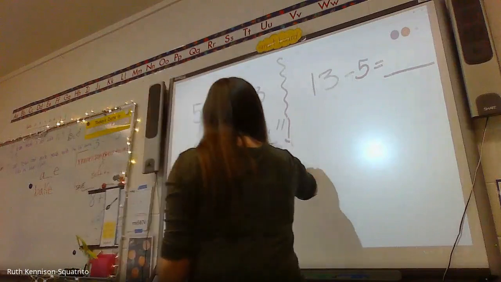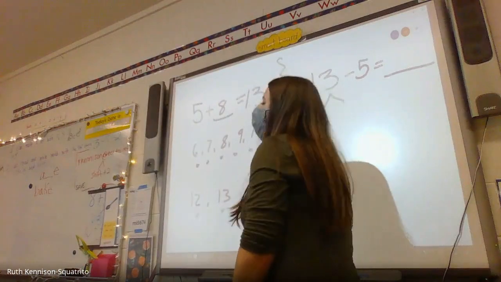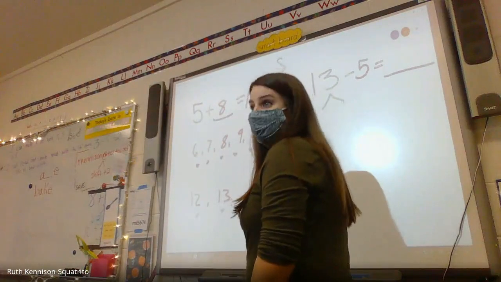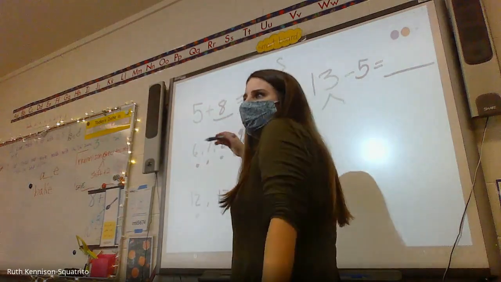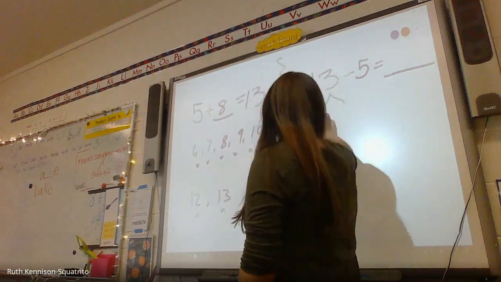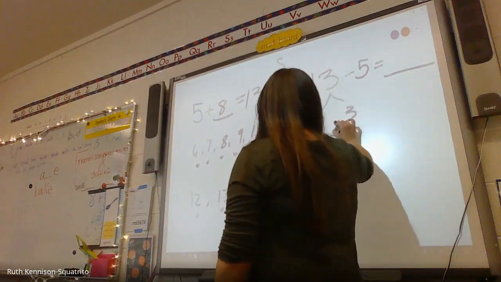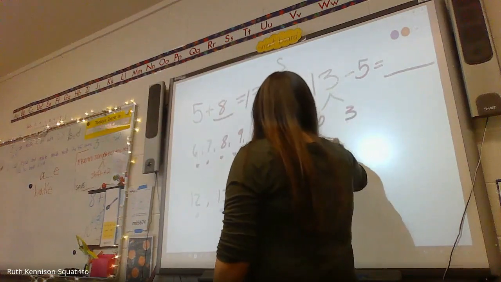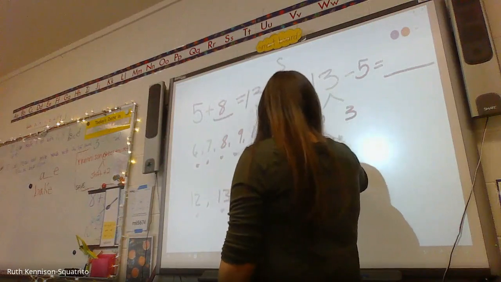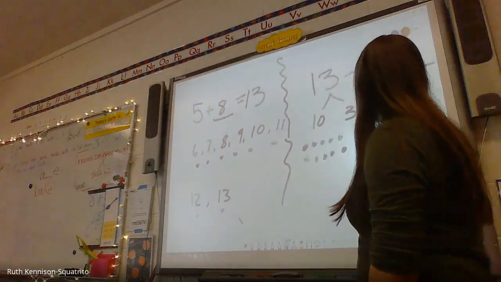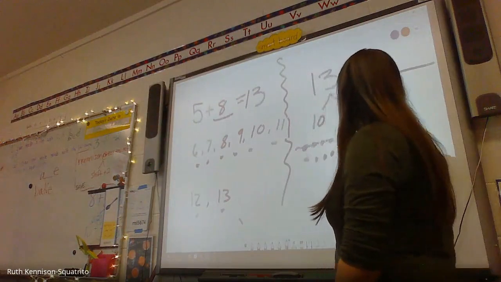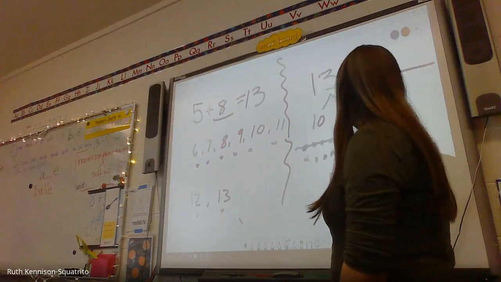Okay, if I was doing subtraction, this is where you break that up into a group of 10 and 3 extra ones. You don't need to do that with addition. That's silly. You don't need to do it because it wouldn't help you. 13 is a group of 10 and 3 extra ones. 1, 2, 3, 4, 5, 6, 7, 8, 9, 10. So 3 ones. 1, 2, 3. I take away 5. That's easy. I've got 5 left.